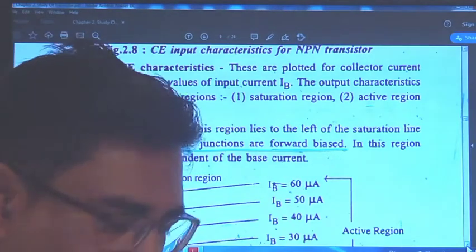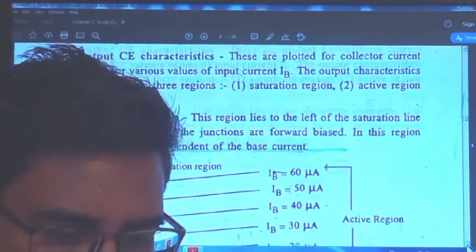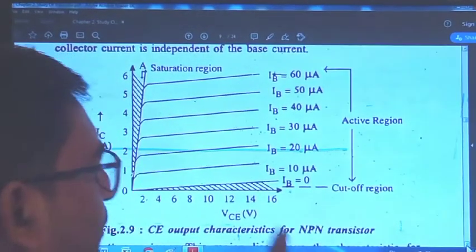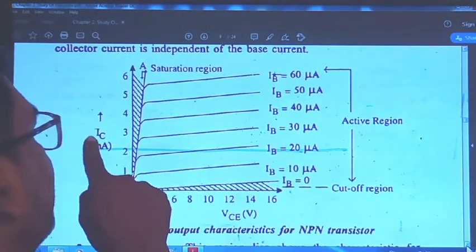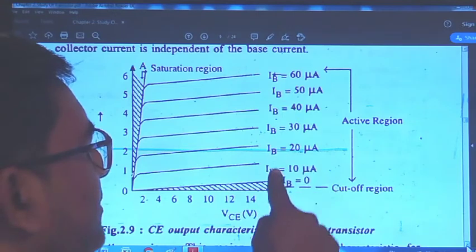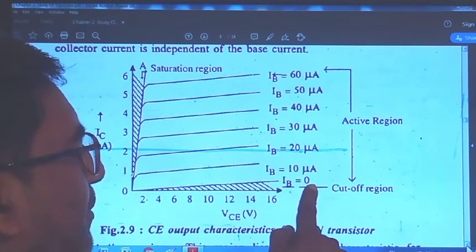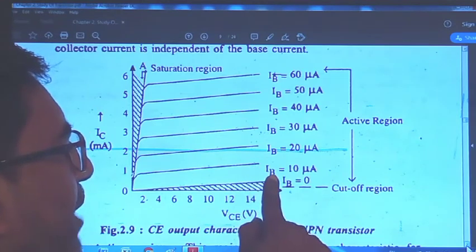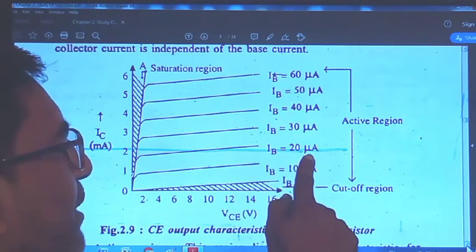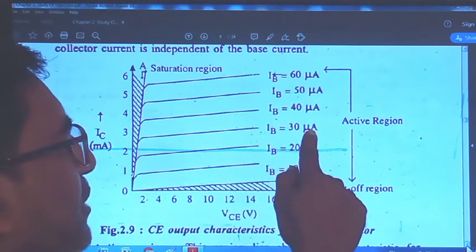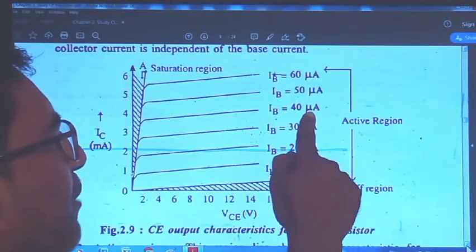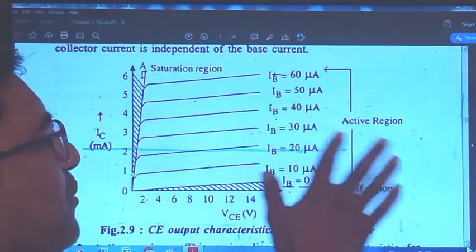Now we will observe the wave which is plotted with VCE versus IC, keeping the base current constant. For this base current, first we mark IB is equal to 0, then second IB is equal to 10, IB is equal to 20 microampere, IB is equal to 30 microampere, IB is equal to 40 microampere, IB is equal to 50 and so on.